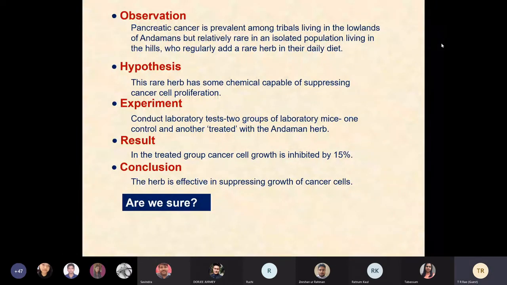After all, the inhibitory effect was only 15%. It's not as though it was 50%, 75%, or total suppression. No, it's just 15%. Is it not possible that this inhibition occurred by chance, not necessarily due to the effect of this herb?